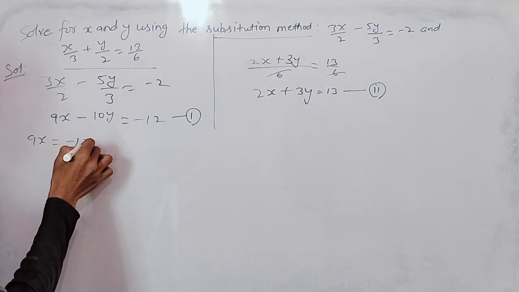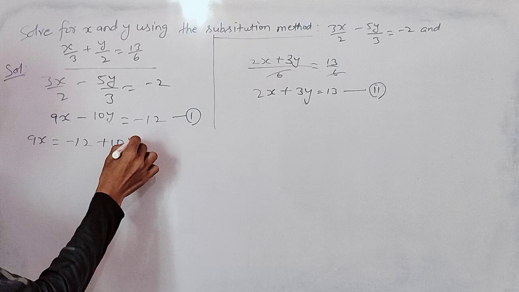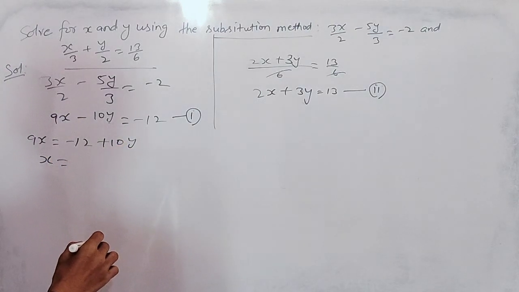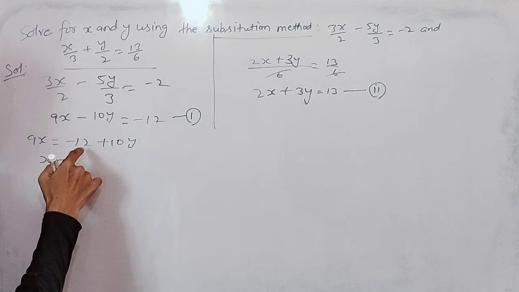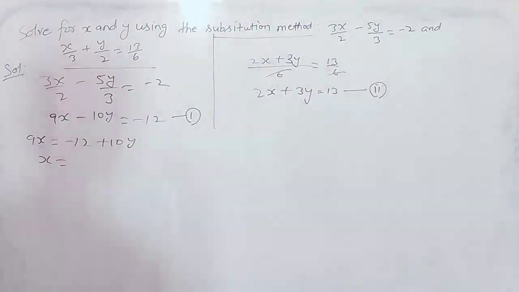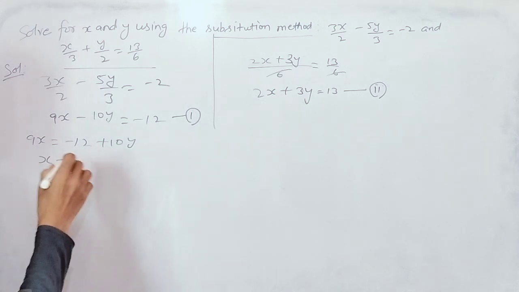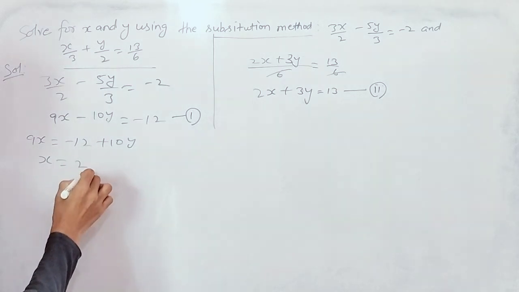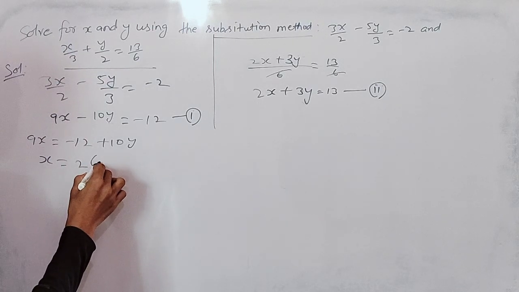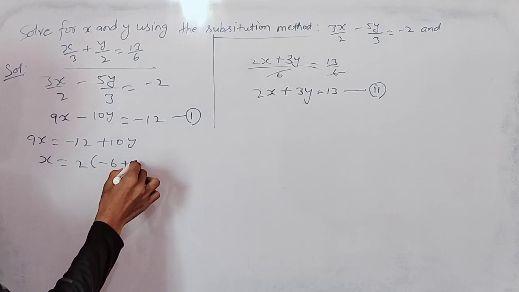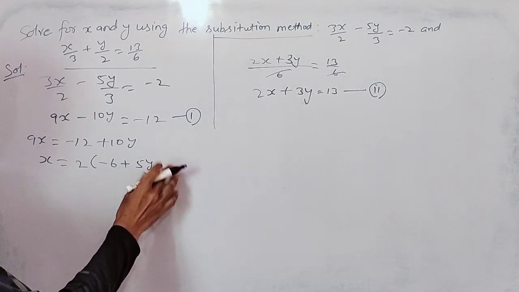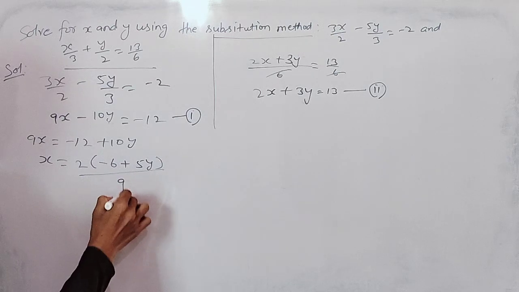9x minus 12 plus 10y, okay, no problem. And here we can take a common factor, 2. So x is equal to 2 times minus 6 plus 5y upon 9.